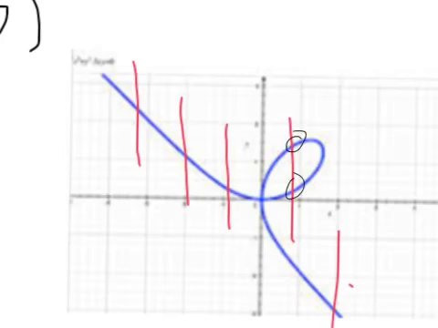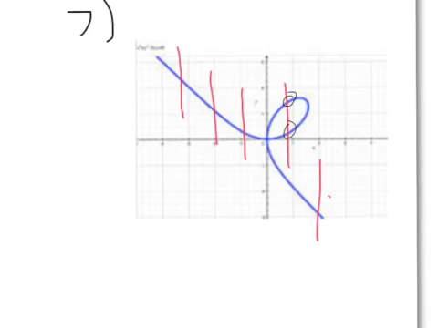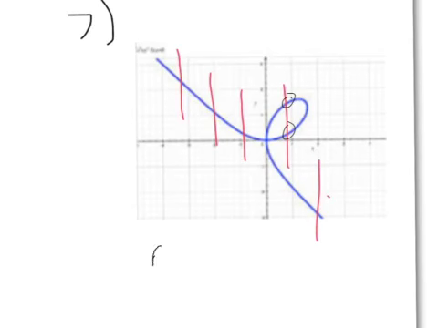Right? Since the graph touches the vertical line 2 times, that makes number 7 not a function. So to be a function, the domain can only have one range, or it has to pass the vertical line test, which means the graph can only touch the vertical line one time.